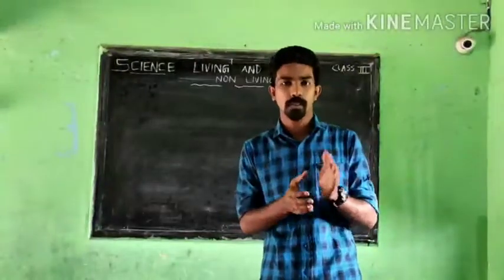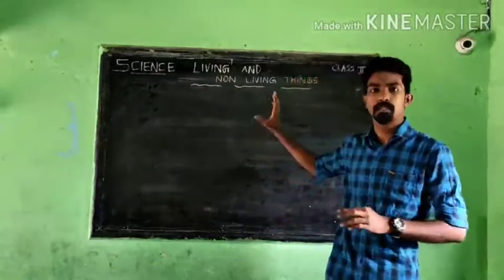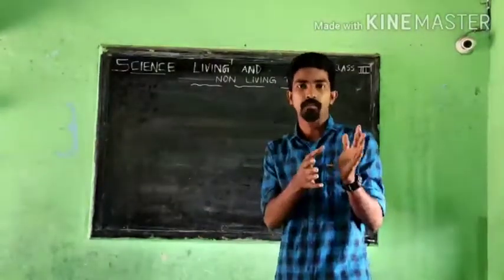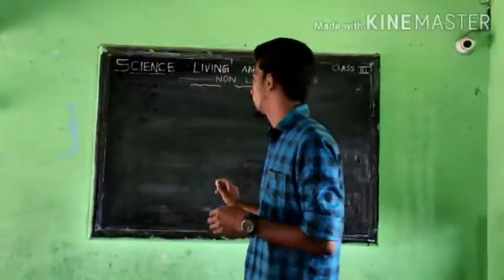So now you have at least a clear picture about a living thing and a non-living thing. I'll conclude that as a small table here. How can we differentiate a living thing and a non-living thing? I'll show it on the blackboard. You can look here.